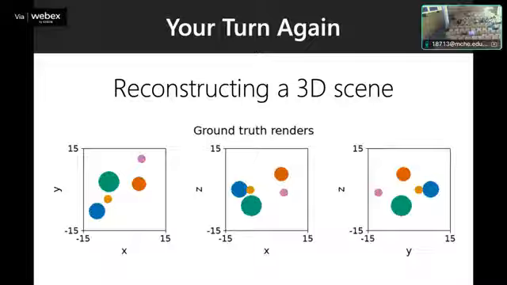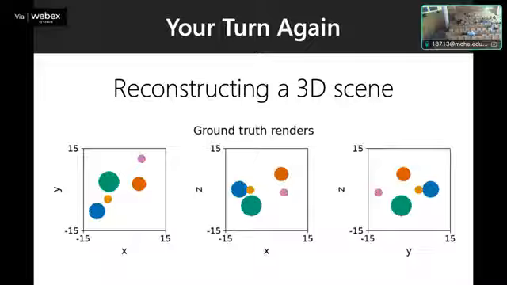What do we have in the ground truth? So we have 3 renders, one for each projection of the scene onto a pair of the XYZ axis. Okay, so we have one projection onto X and Y, one projection onto X and Z, and one projection onto Y and Z. Okay, so that's one difference. Another difference is that the renders contain the correspondence between the spheres, which is very useful information.